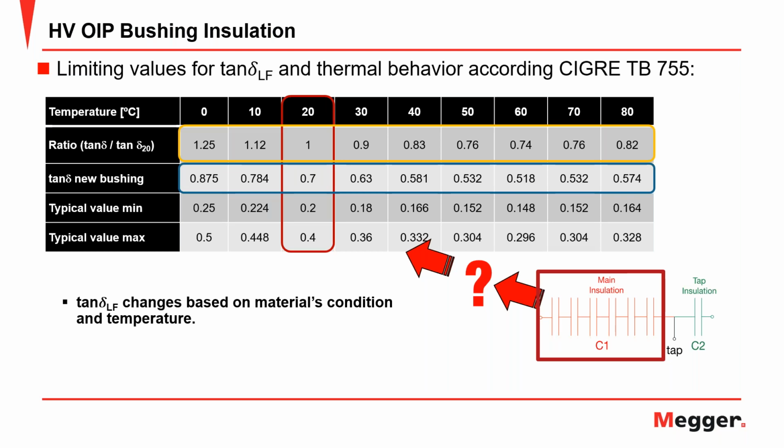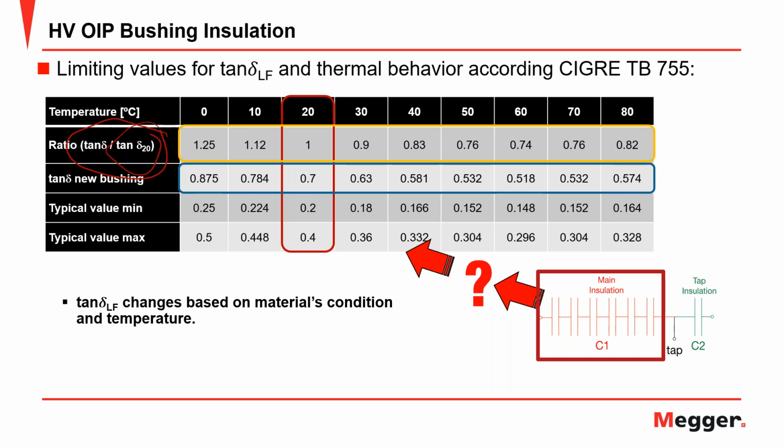I want to make reference a little bit to this temperature correction as well, because when we look into some of the limits for tan delta, or for power factor at line frequency, Cigré, for example, has provided a curve based on the ratio of your tan delta measured at whatever temperature you measured, and the tan delta at 20°C.